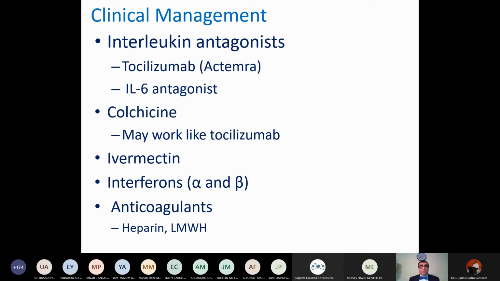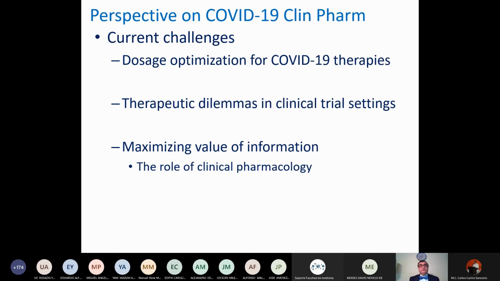With regard to anticoagulants, yes, there are inflammatory and also coagulation markers, based on the severity of those markers, you really need to move on anticoagulation, either heparin or low molecular weight heparin. I prefer the latter because it has more predictable pharmacokinetics, and plus it bypasses some of the drug interactions. So what are the challenges?